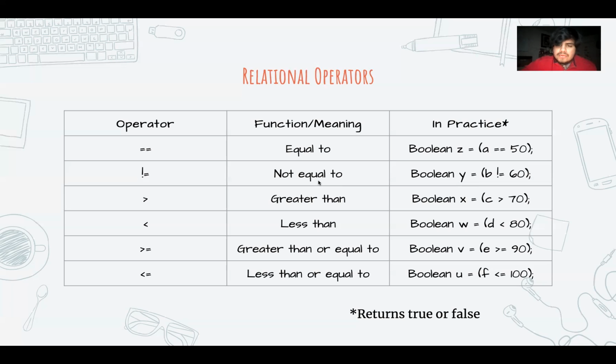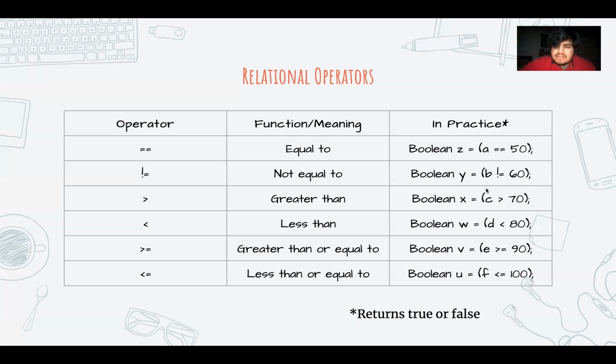Now, not equals is pretty much the opposite of the first one. So we have Boolean Y is equal to B not equal to 60. If B is actually equal to 60, that is not a true statement. 60 not equal to 60 is a false statement, so this would be false.